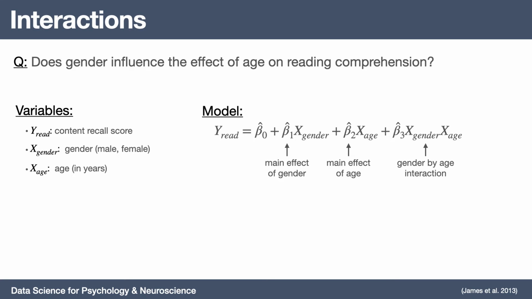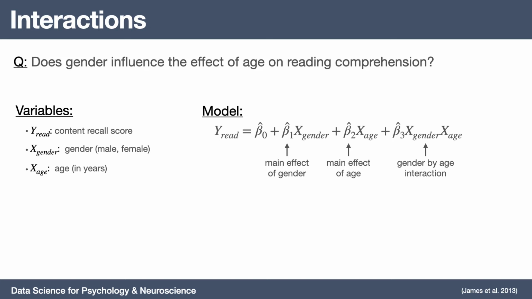In a simple 2x2 design, we have an interaction between our two variables and their main effects. So this is a nice clean way of understanding how variables relate to each other in a more complicated way.